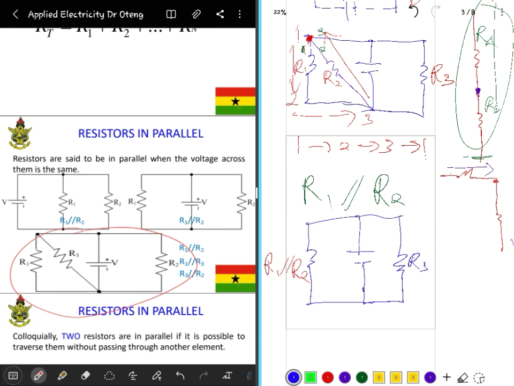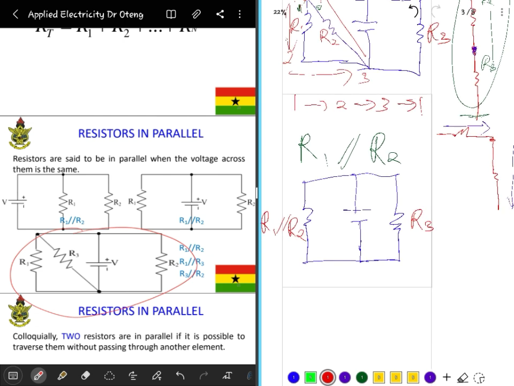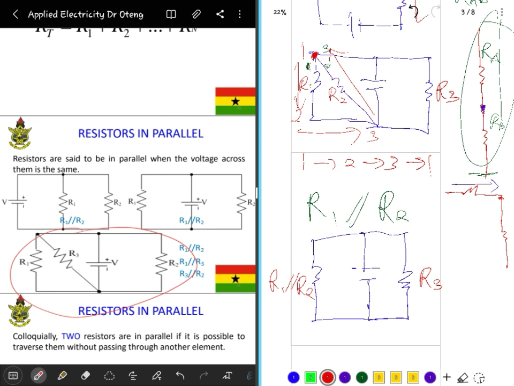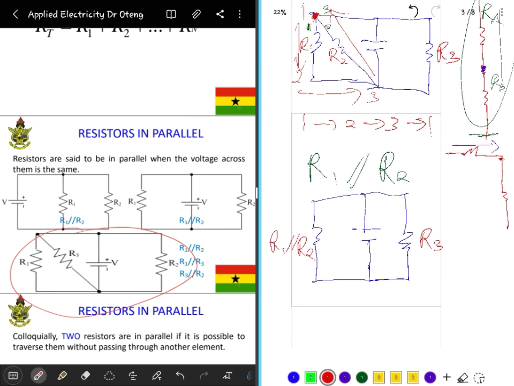So we want to find the resultant resistance in the circuit, having added R1 and R2 here.